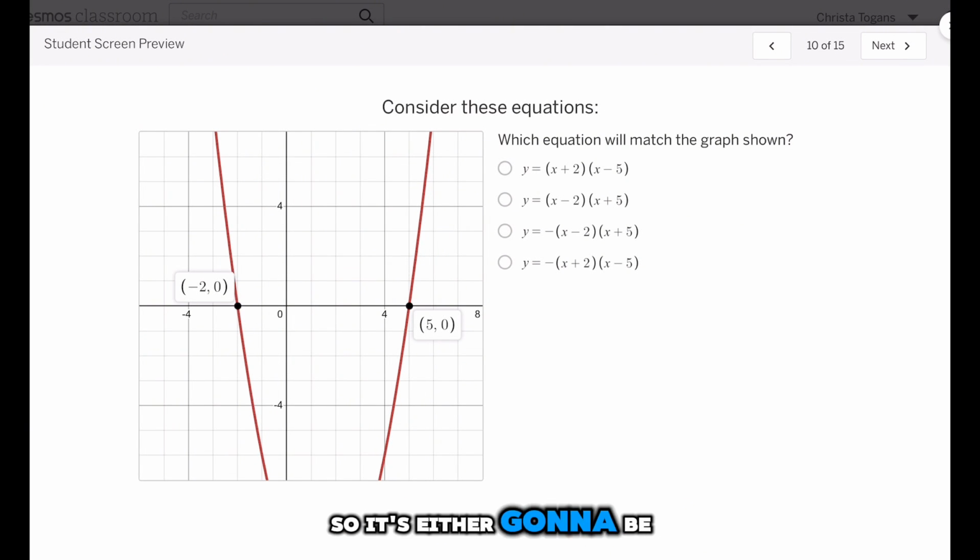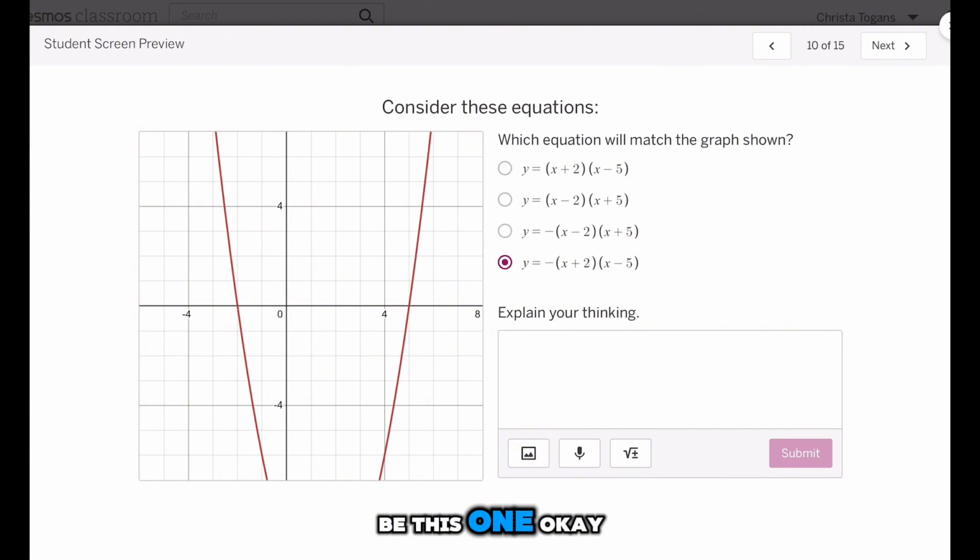So it's either going to be this one or this one. Okay. Now you have to determine the other one, which is the x-intercept is 5, 0, right? So that means that in parentheses you're going to have x minus 5. And hopefully I can show you why that is on paper, okay?